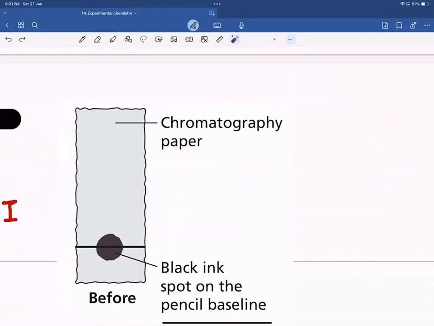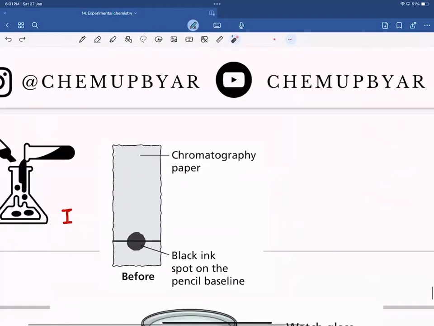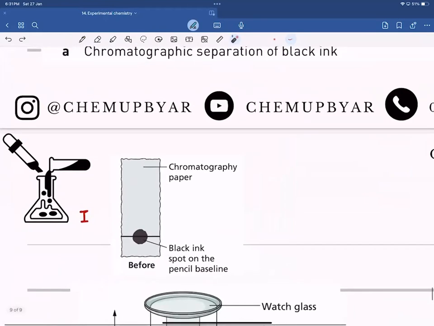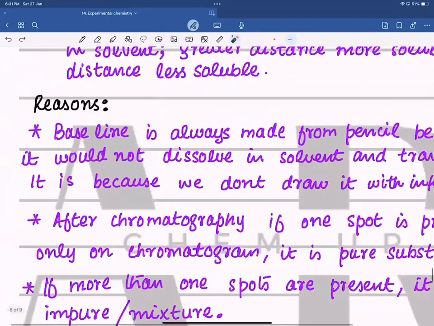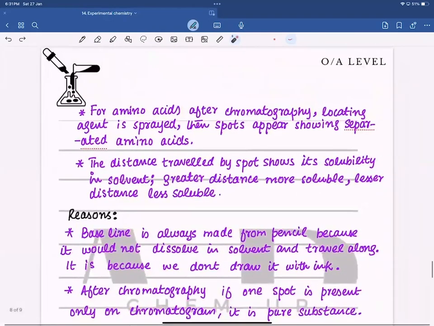So how will we identify how many amino acids are separated? What do we spray? Yeah, we spray something we call a locating agent. After the chromatography is performed, the locating agent is sprayed, and as the locating agent gets in contact with the paper, on the places where there are amino acids, we are going to observe some colored spots. Is this clear?